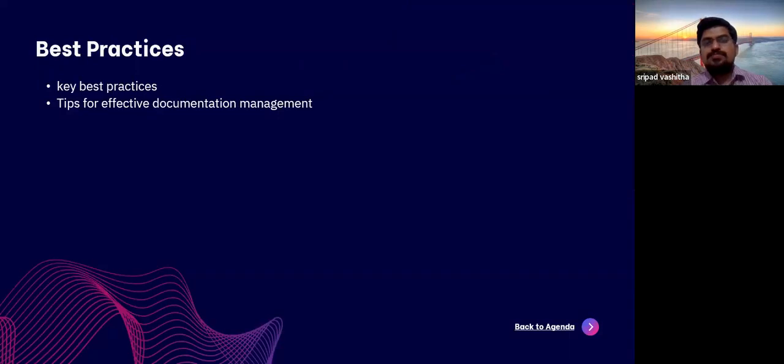So what would be the best practices and tips for effective documentation management? Best practices would be you have documentation for everything. Your people are trained how to do that, why it has to be done, and how it has to be done.